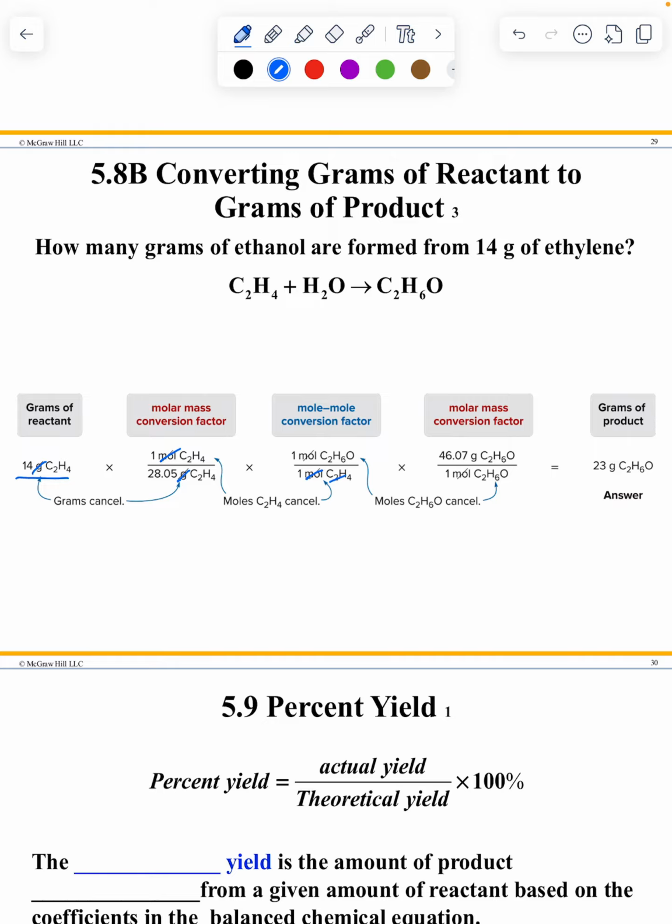As we put this in a calculator, just keep in mind that the fewer keystrokes you make on the calculator, the less likely you are to make a mistake. As I'm working through this, I see 14 times 1 divided by 28.05. Well, there's really no reason to put in the 1 because I know what 14 times 1 is. So if I were entering this, I would say 14 divided by 28.05.